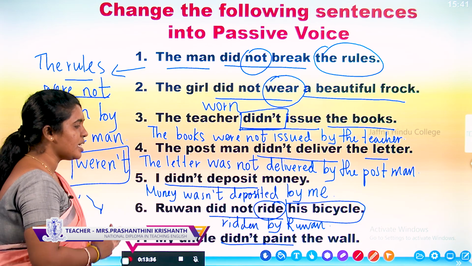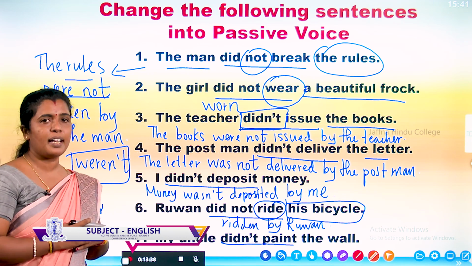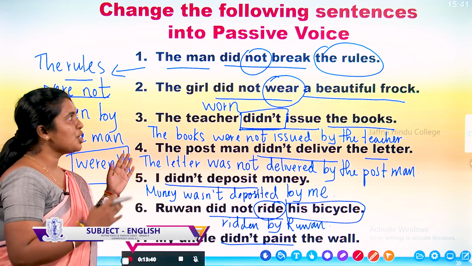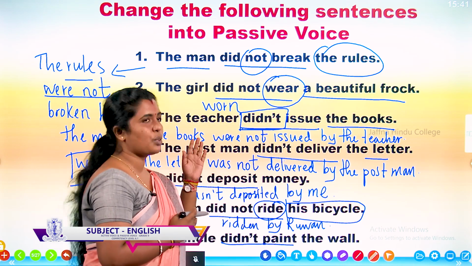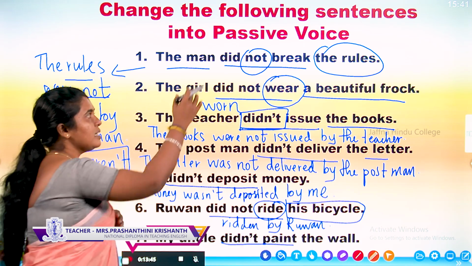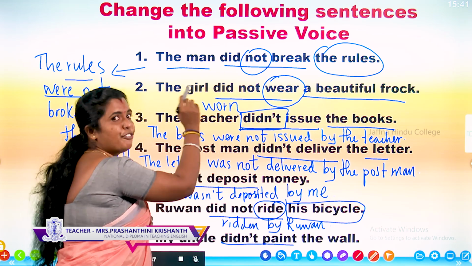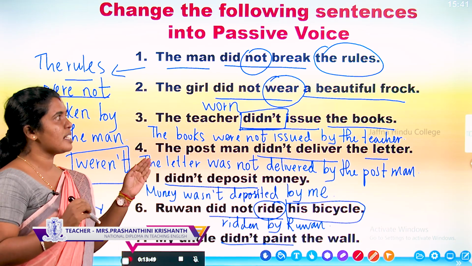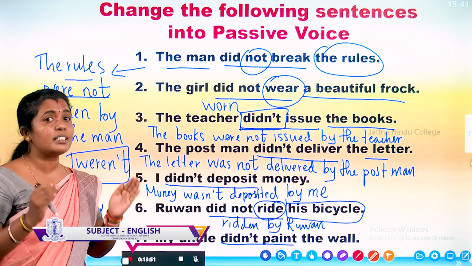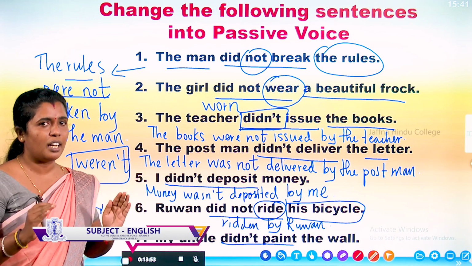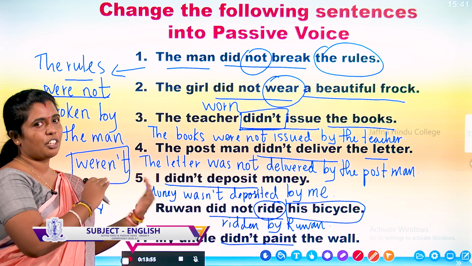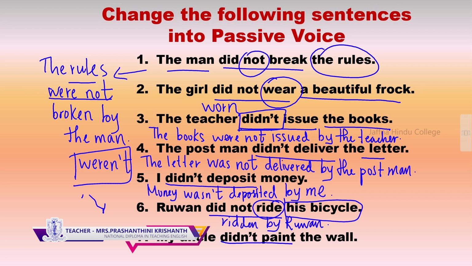Okay, the wall wasn't painted by my uncle. So children, you can easily do this question. When you mark it, mark the verb first, right? Mark the verb first, then decide what is the tense to be used here. Then go to the structure of the sentence.